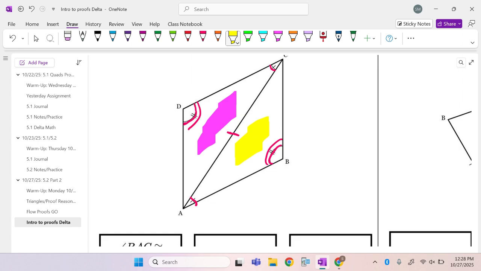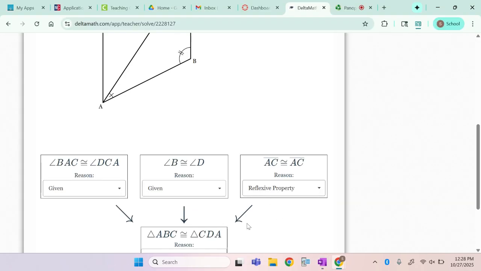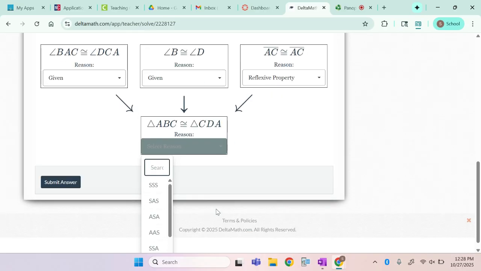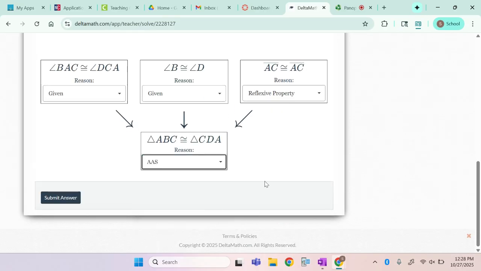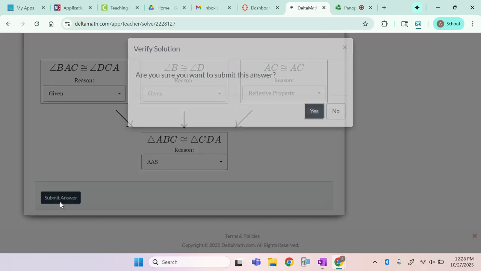So that means it's either going to be angle side or angle side angle. Where's the placement of that side? Is it between the two congruent angles or only next to one of them? It's only next to one of them. So which one does it have to be? Angle side. So this is congruent by angle side. And then you can hit submit.